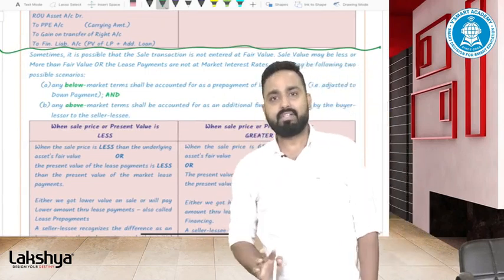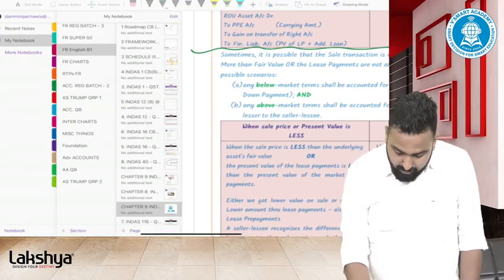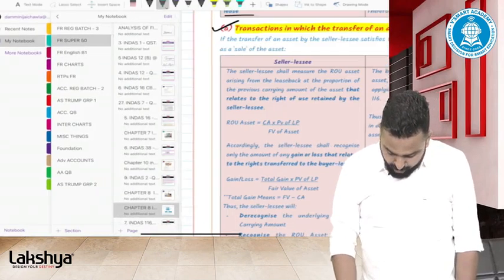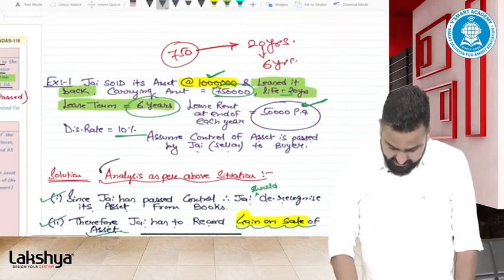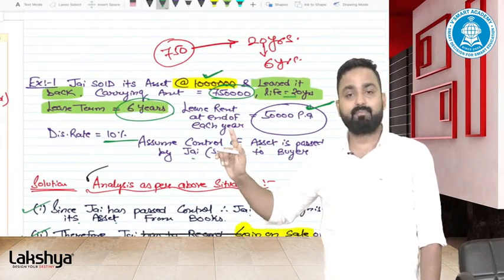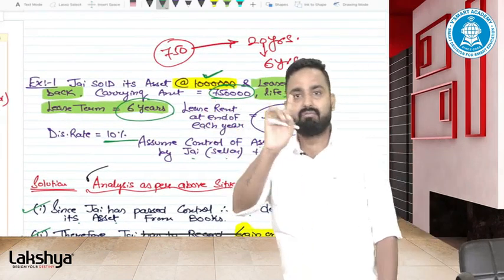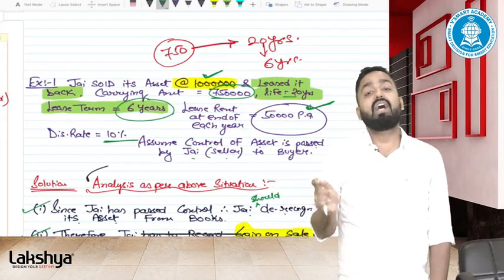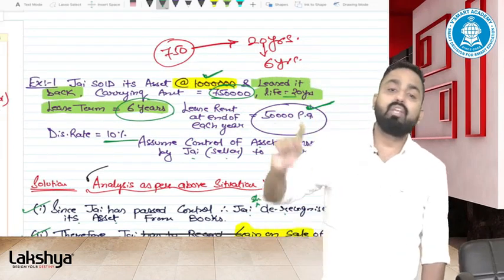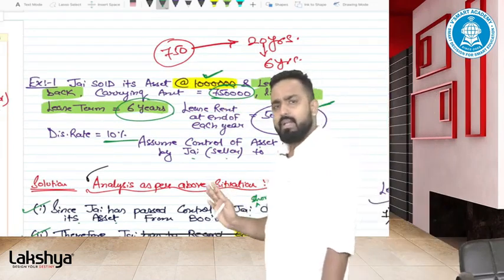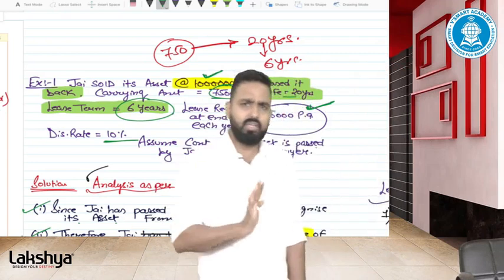In our example, which we discussed before the break, the sale price was given as 10 lakh and we assumed that the fair value is equal to sale. This is a general assumption, not an issue.